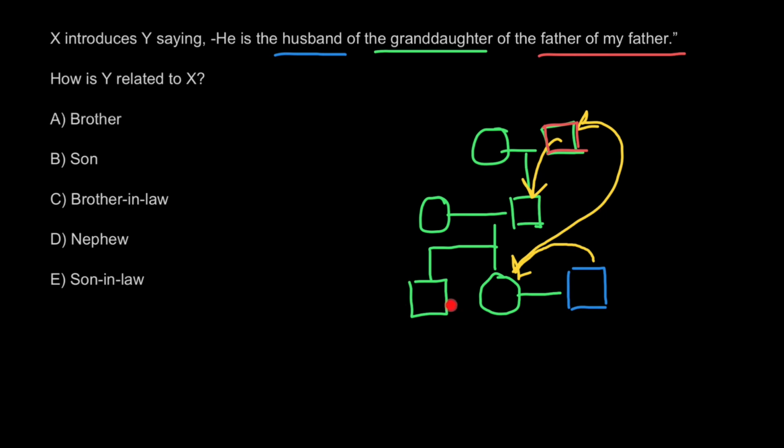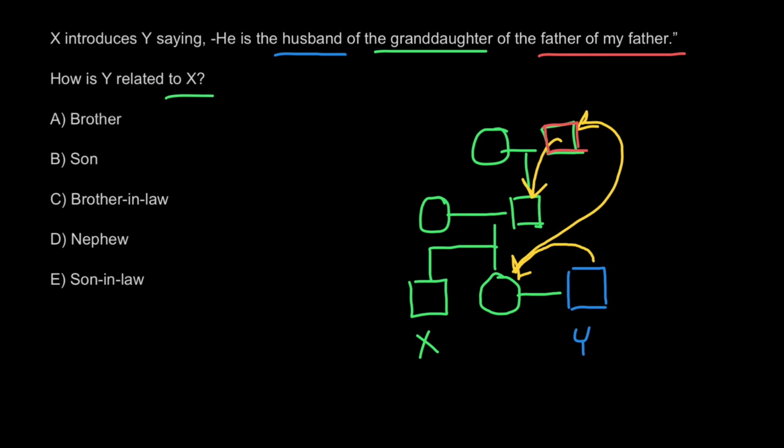So he is the male who is speaking. This male is the father of my father, he is referring, but at the same time he is going to be a grandfather of this female, and she is going to be a granddaughter. This has to be person X, and this has to be person Y.